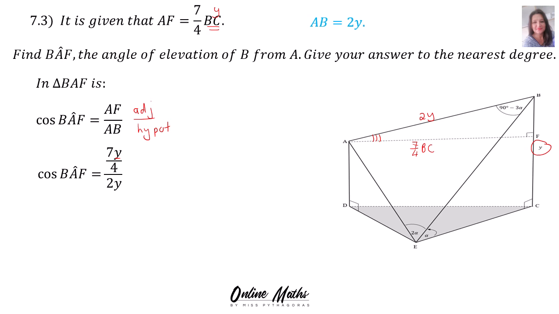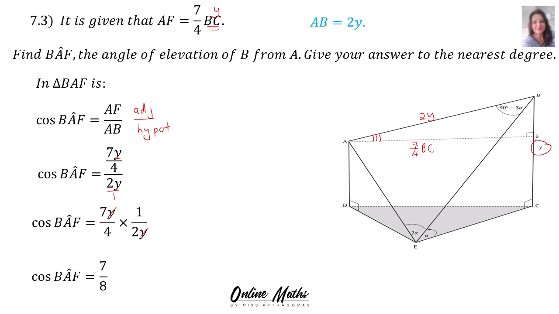Over AB, which we calculated in the previous sum, was 2y. So let's see. This one, 7y over 4 divided by 2y. This is an invisible one, so we don't divide, we make it a times, and we find the reciprocal. So you just swap it. And then you can say the y and the y will cancel, and you're left with 7 on top, and the denominator 4 times 2 is 8.